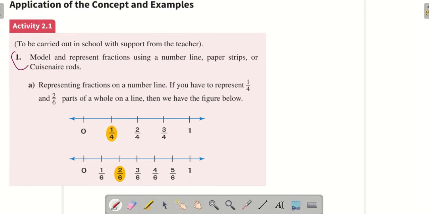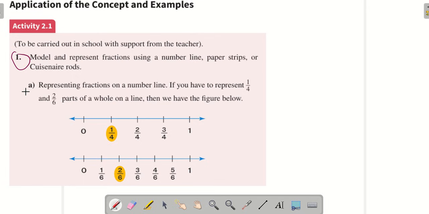So the first one is to model and represent fractions using a number line, paper strips, or even the Cuisenaire rods. So you can use these to model fractions. We are going to take you through this so that you can try more examples on your own.